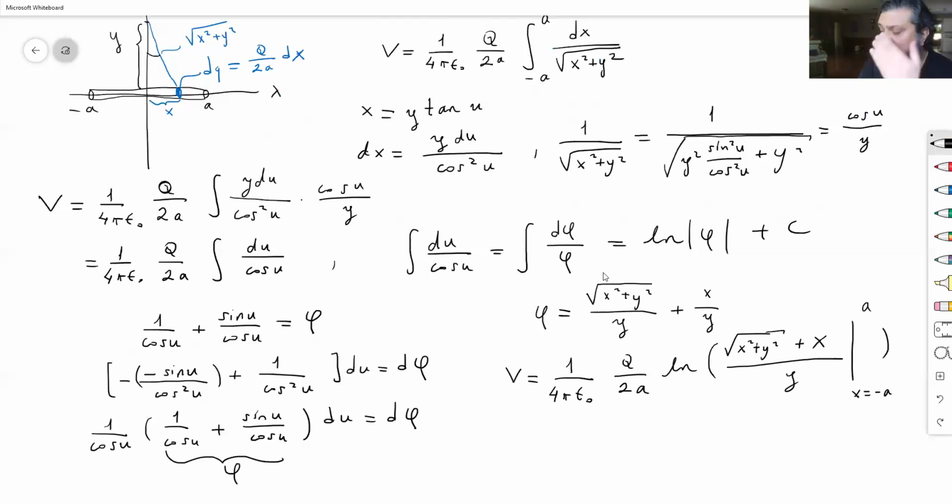Okay, so I'm going to plug the upper limit and then subtract the one with the lower limit. So ln a minus ln b is ln a over b.